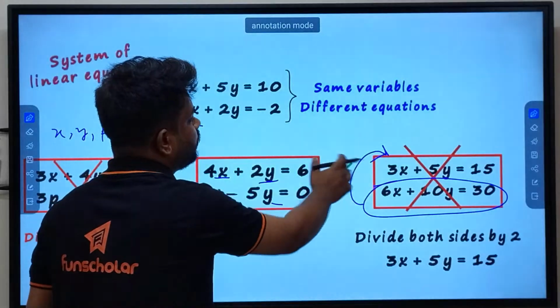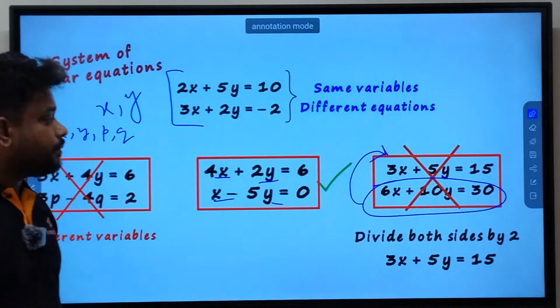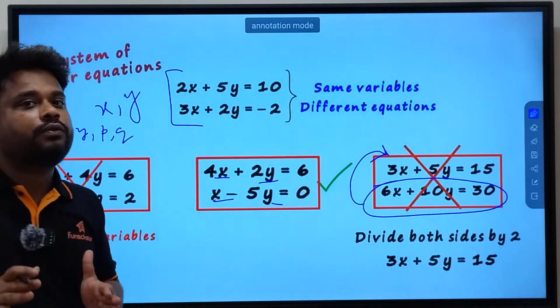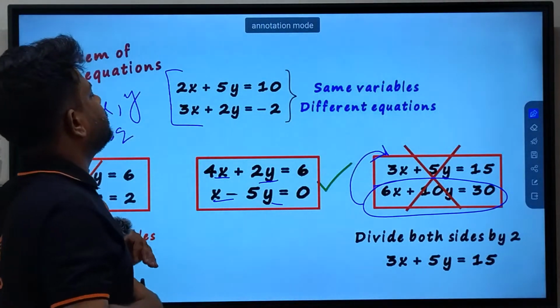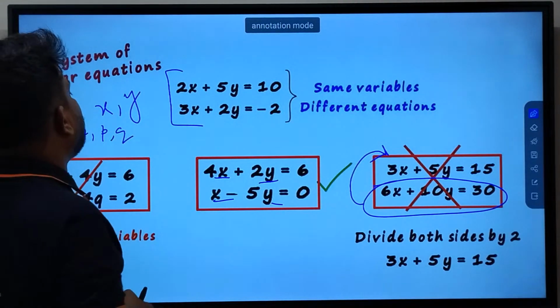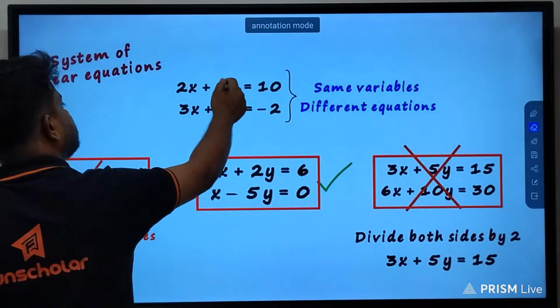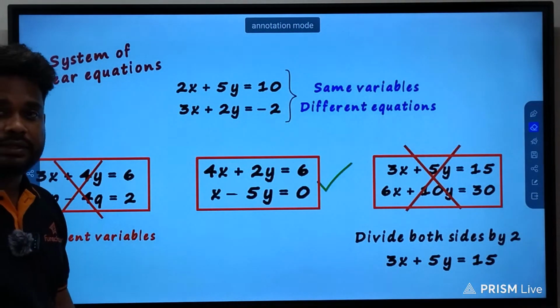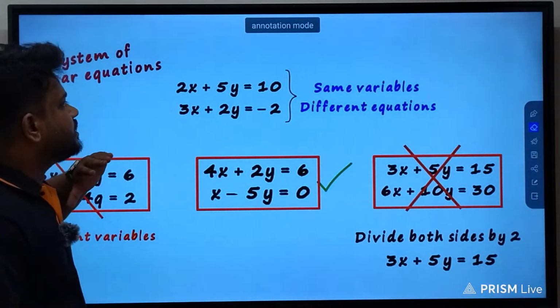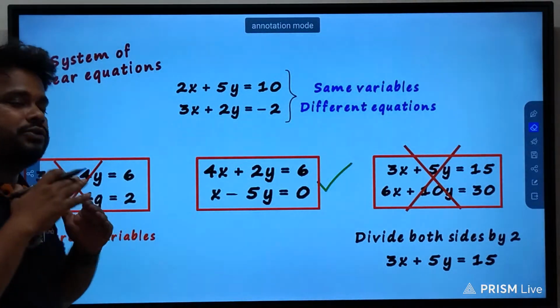That's why these two equations can't be solved. To solve linear equations in 2 variables, we need 2 equations which satisfy the conditions and can be solved.